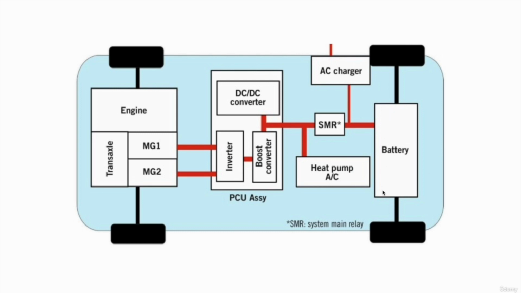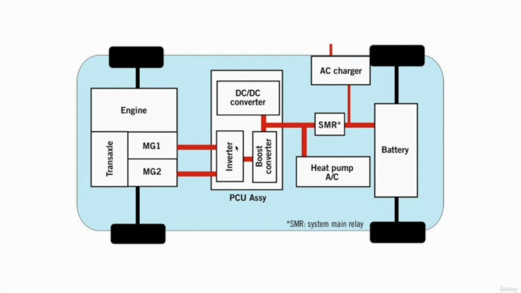Then these are connected mainly to the battery. So let's understand everything here. We have the engine, which produces your mechanical energy. That mechanical energy is used by the wheels, and some energy is also used by MG1, your generator. This generator takes that power from the engine and converts it into electrical energy, generating AC electricity.